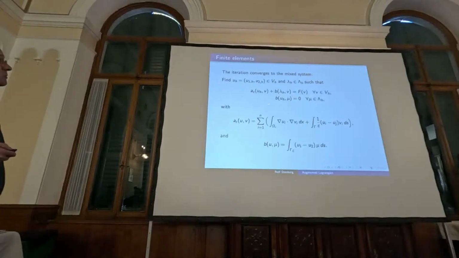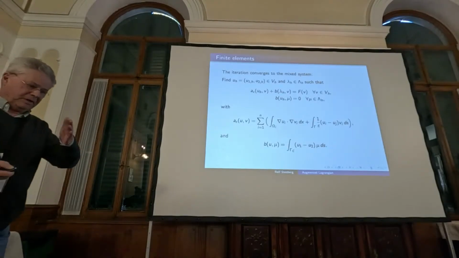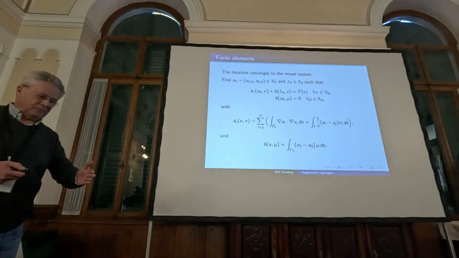Then you go to finite elements. First you choose spaces for the displacements and for the Lagrange multiplier, and the iteration converges, so the previous Lagrange multiplier is equal to the present one.